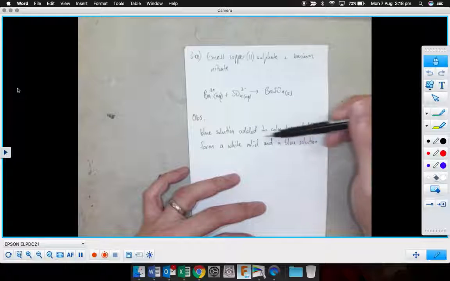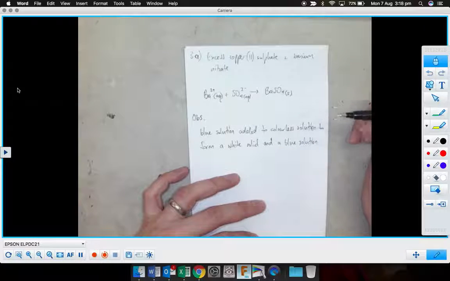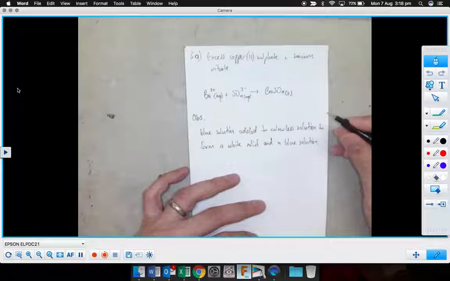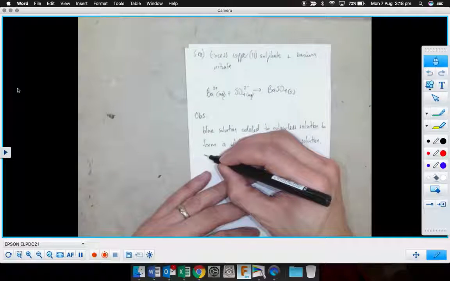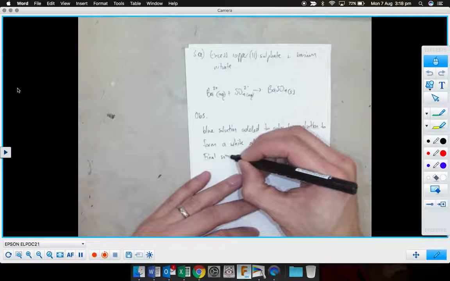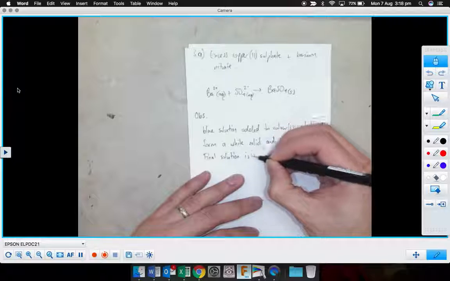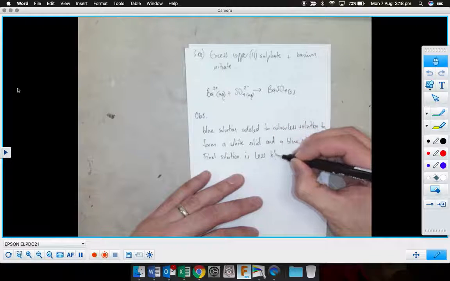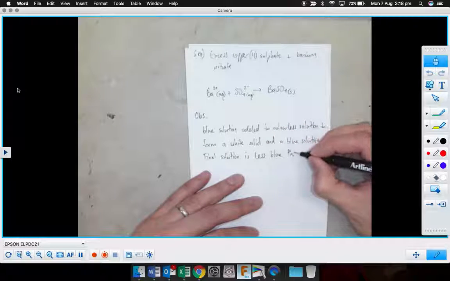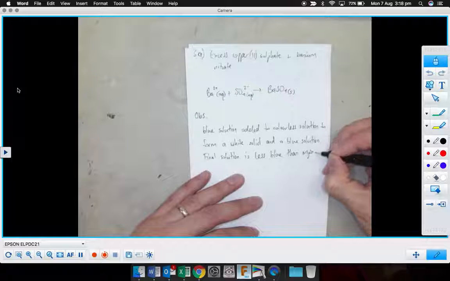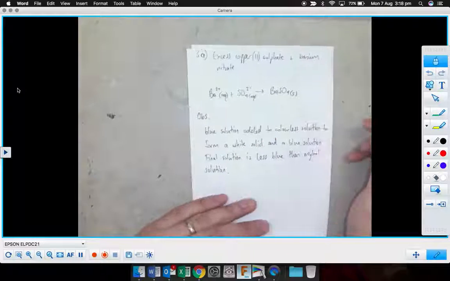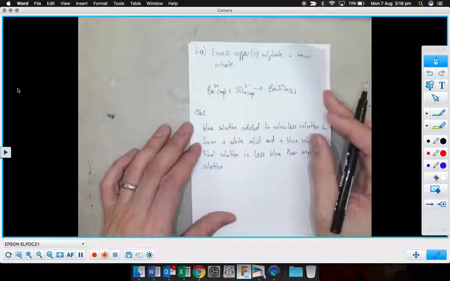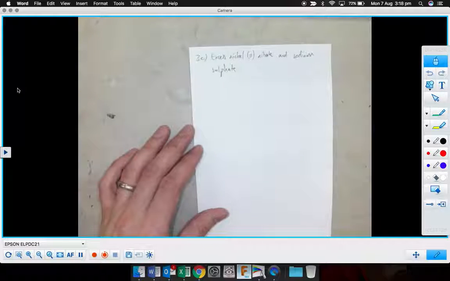And since the copper ions are the things that are making it blue, it's actually going to be slightly less blue. So you would say the final solution is less blue, or you can say paler, than the original solution. Okay? Let's go work out the next one.